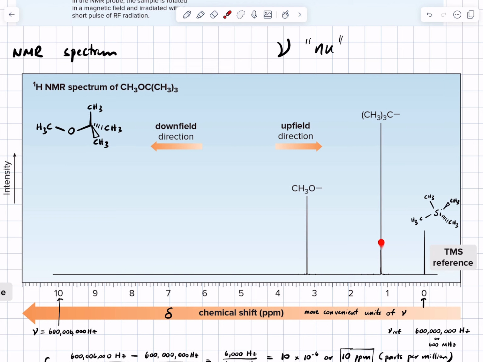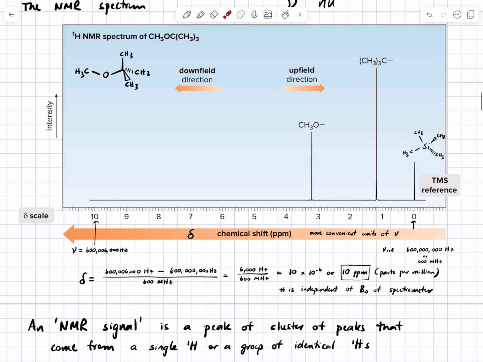There's also a reason that the tert-butyl protons have a higher intensity than the methyl protons. We'll definitely talk about that. By the way, when I say peak intensity, I don't necessarily mean peak height, I mean area under the peak. Those are two slightly different things. You can think about them as basically equivalent for our purposes. Okay, questions so far?